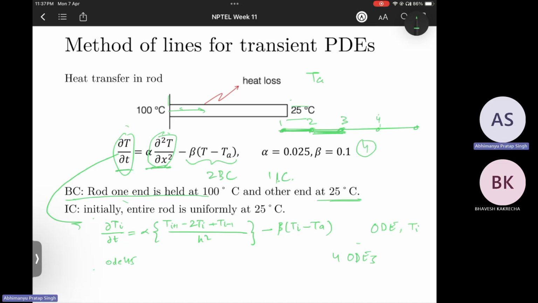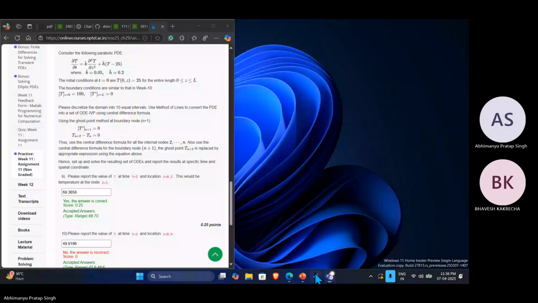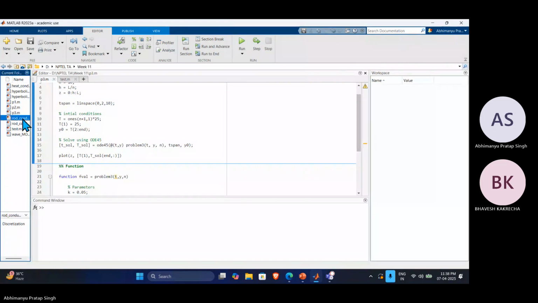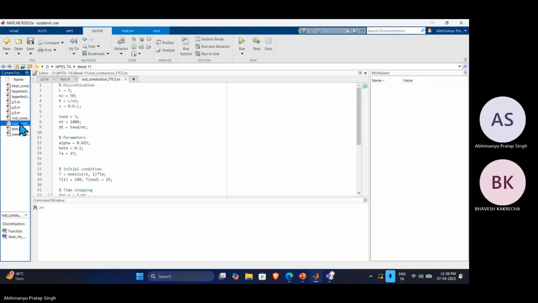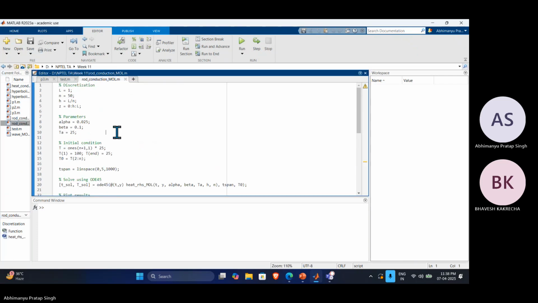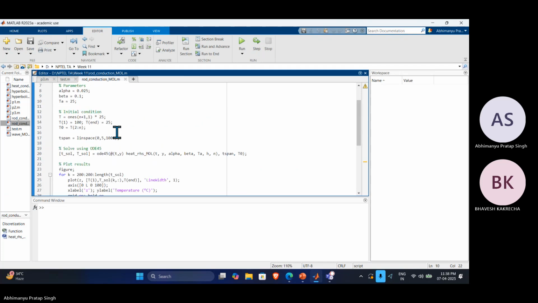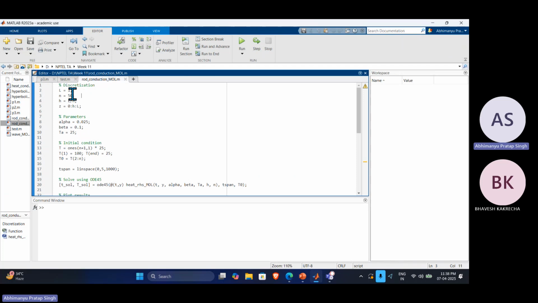Fine. So let us see how to code this. This is through the method of lines.